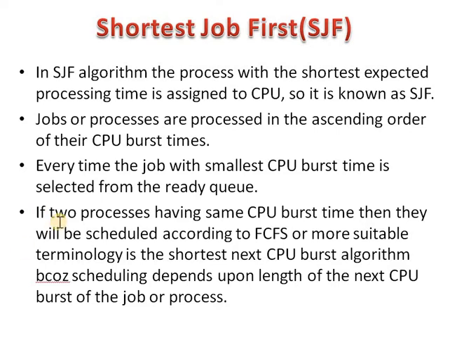Suppose two processes have the same CPU burst time. In any condition, if two processes have the same CPU burst time, then they will be scheduled according to FCFS or any other criteria.